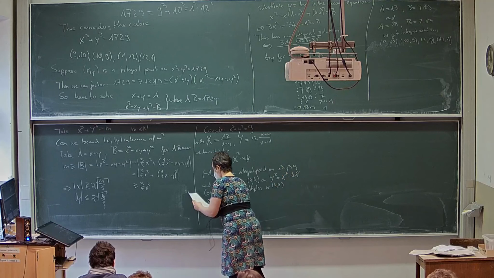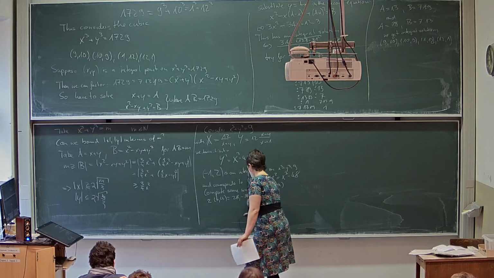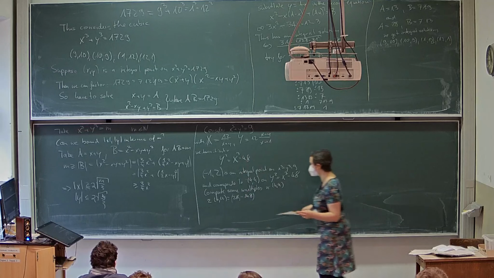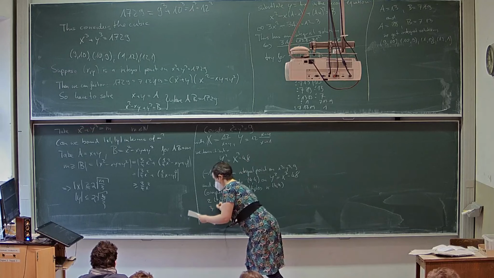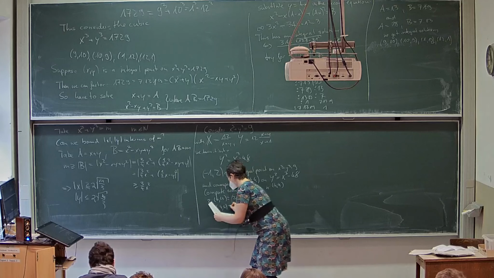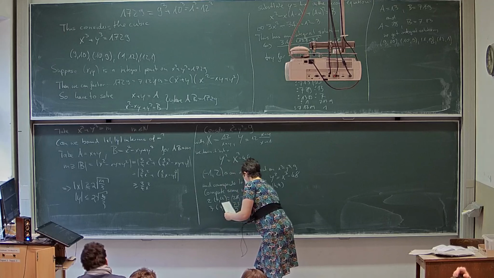So 2 times 4, 4 is 28 minus 148. Okay, this is another point with integer coefficients. 3 times 4, 4 has denominators.